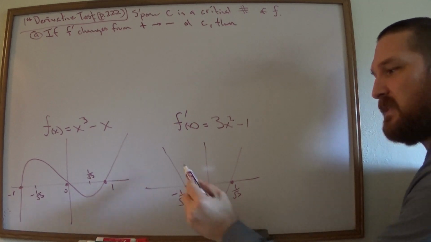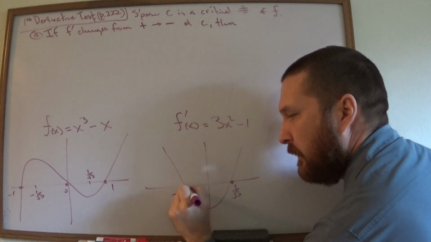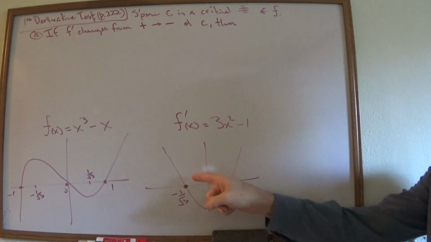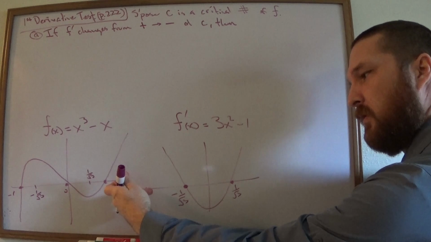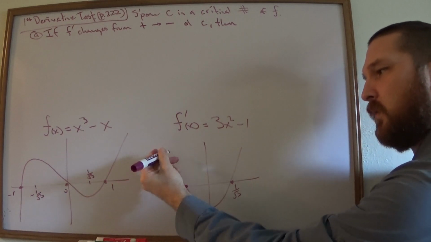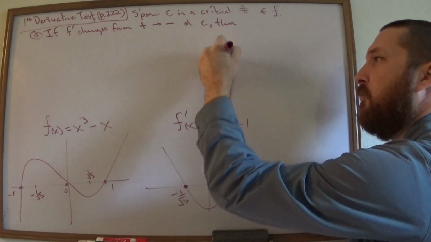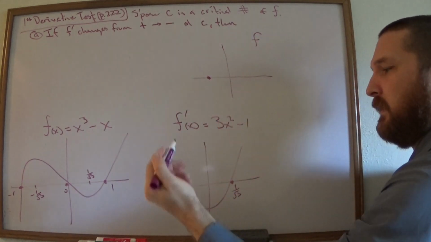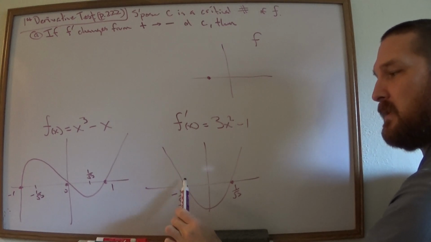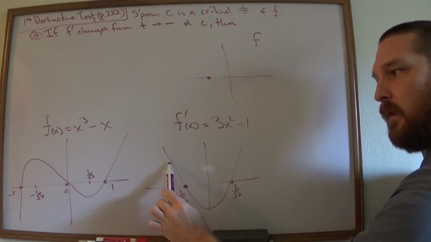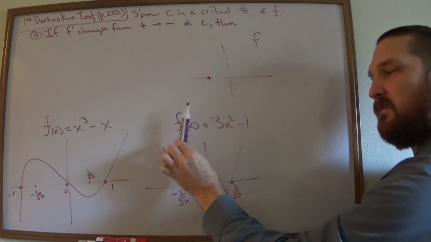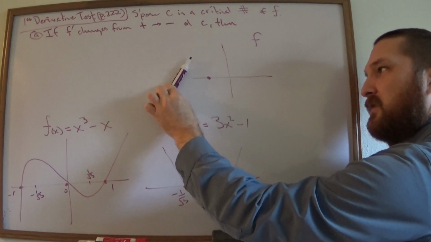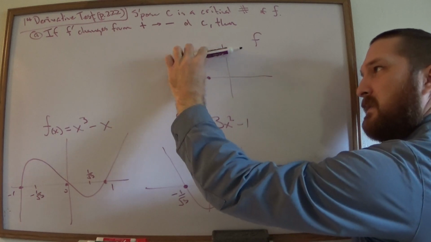Let's take this critical point, and let's pretend that we don't know what that thing is. As we go from left to right here, what happens? I'm thinking about what my original function f must have looked like there. The original function had a positive slope as we're going, right? So it must have done something like this. It's getting smaller and smaller and gets to 0.